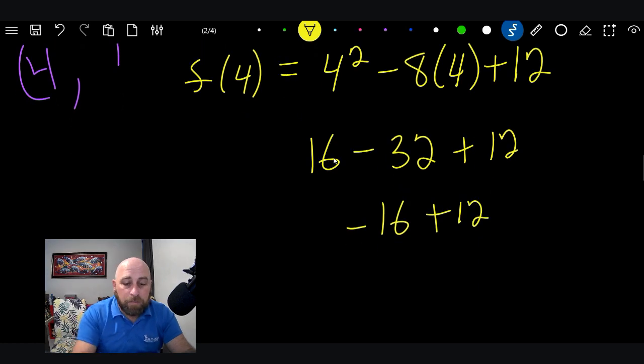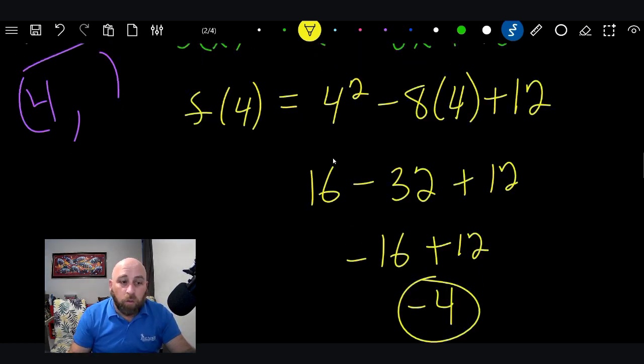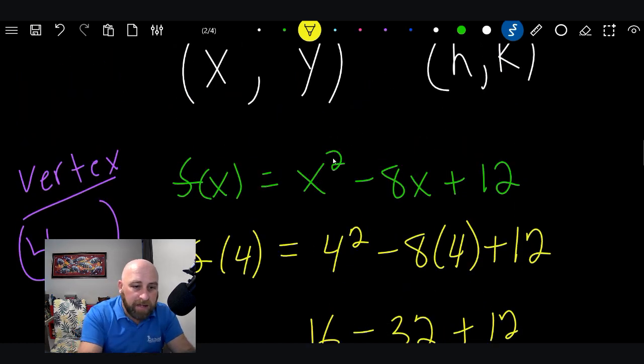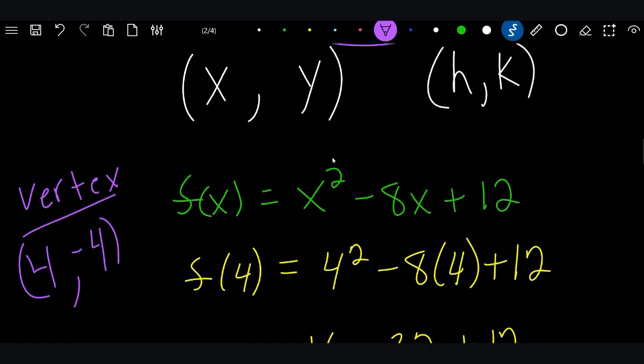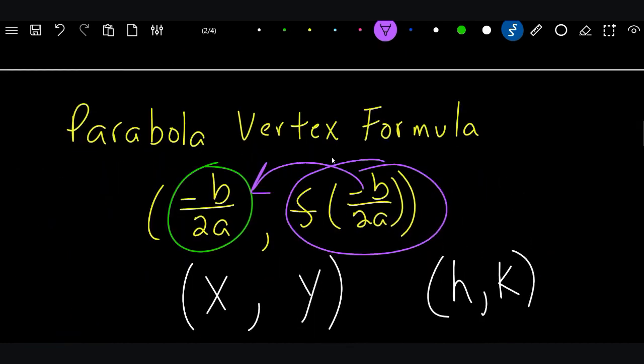Negative 16 plus 12 is negative 4. So our y in this case is going to be negative 4. So our vertex is 4, negative 4. And that's using the parabola vertex formula.